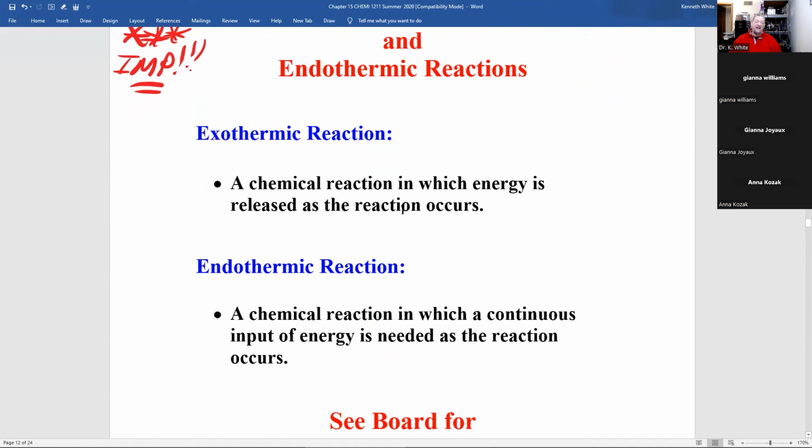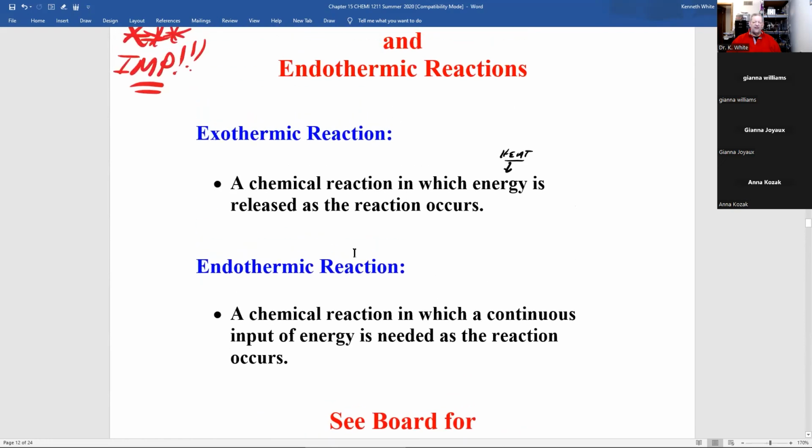Another way of saying that, energy for this class means heat, and heat is a form of energy. Not only for this class, but for most of chemistry, when we talk about energy in a chemical reaction being released, it's heat. Now, you could have light, but I've never worked with one of those reactions myself.